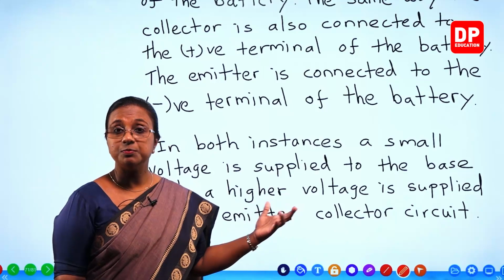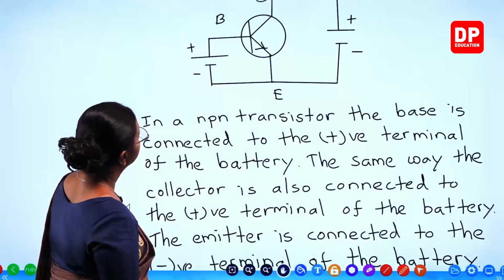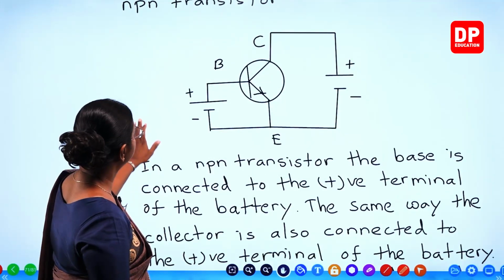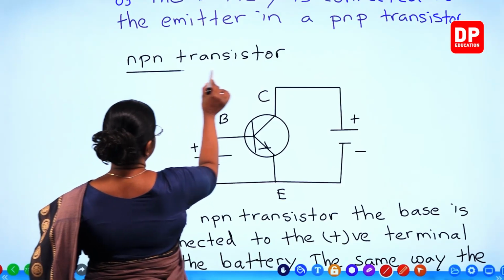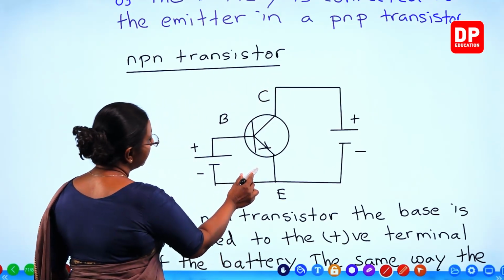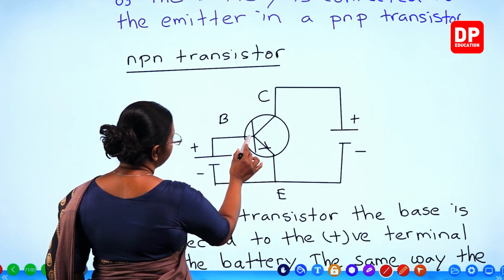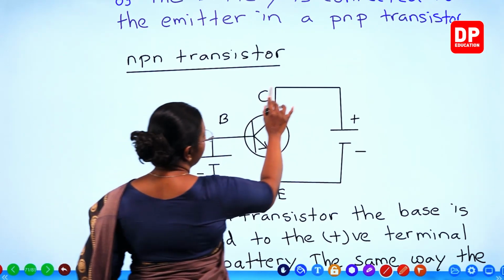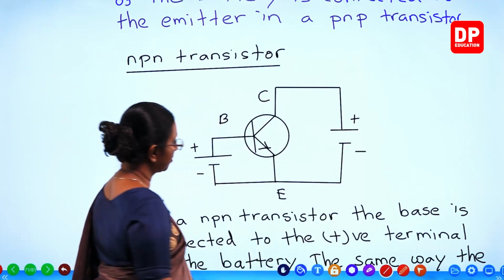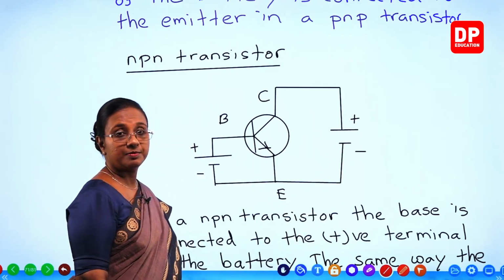I have explained with both types of transistors. So here you understood this diagram if it is an NPN transistor. If it is an NPN transistor, current flows from collector and base to emitter. So base has to be provided with positive potential. The same way collector is also provided with positive potential. Emitter is connected with the negative terminal of the battery.